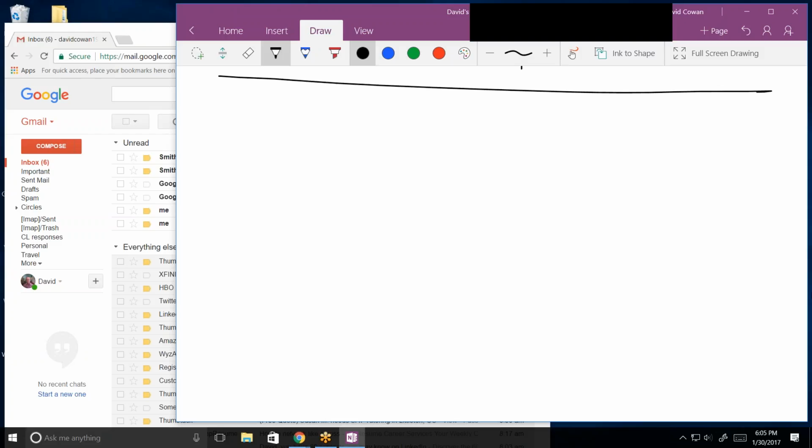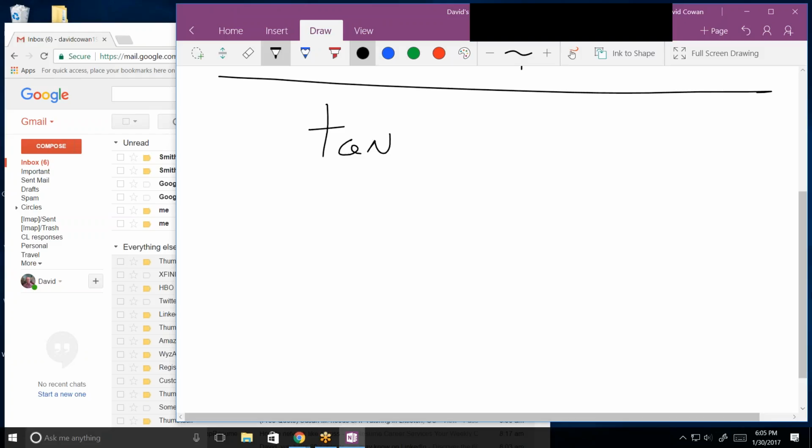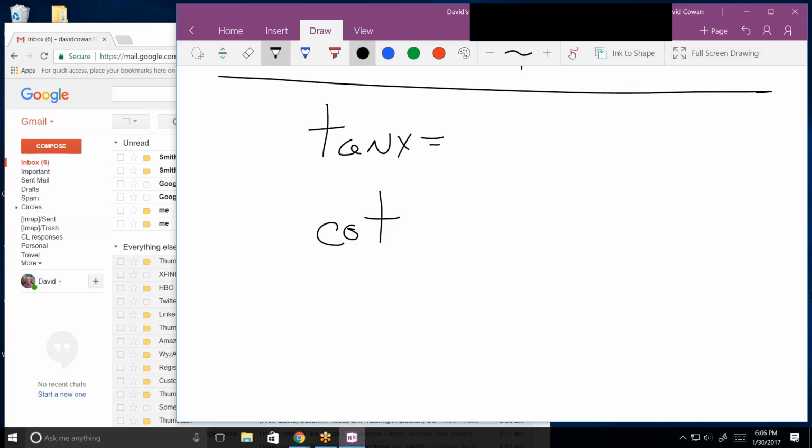These 2 are called quotient identities. What's the tangent of x equal to relative to sine and cosine? It's sine x over cosine x. In other words, all trig functions are going to have an angle.